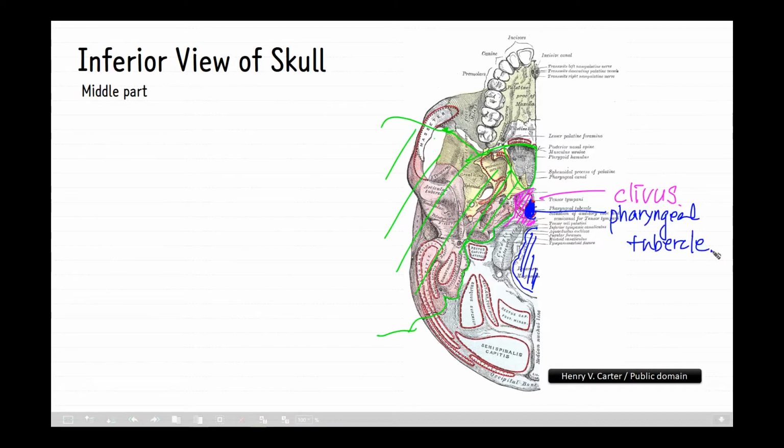The petrous process of the two temporal bones passes from the lateral side of the base of skull and fills the triangular space between the greater wing of sphenoid bone anteriorly, and occipital bone, or the lateral margin of the basic. In this figure, this is the greater wing of sphenoid bone anteriorly, and this is occipital bone.